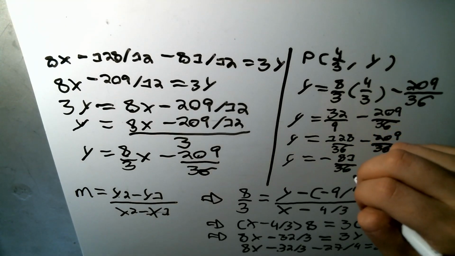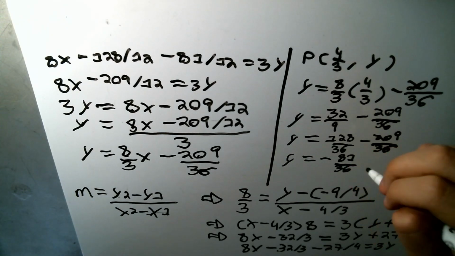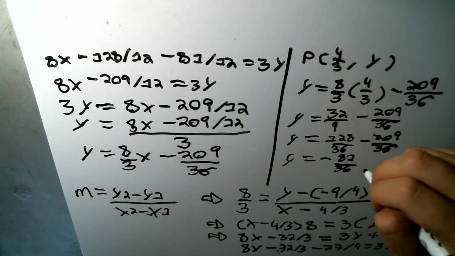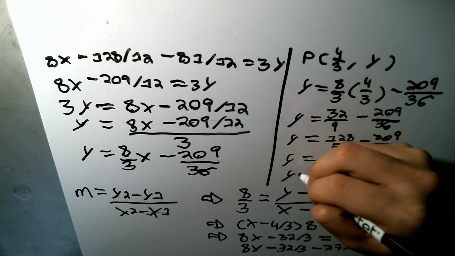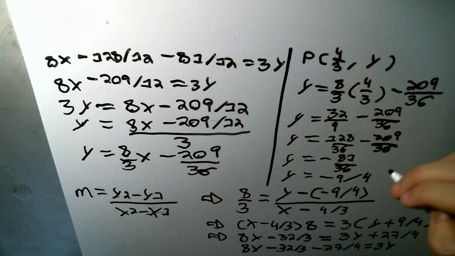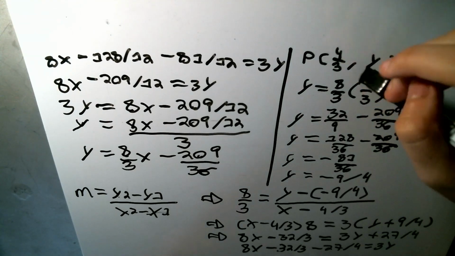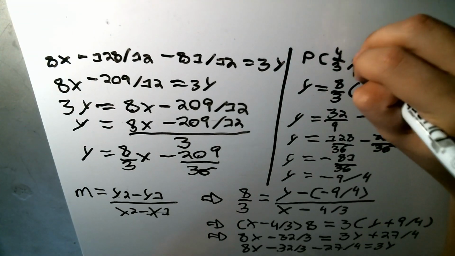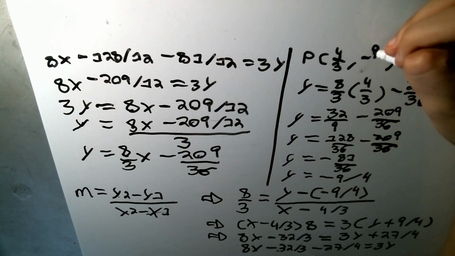Both can be divided by 9. 81 divided by 9 is 9, 36 divided by 9 is 4, so we get y equals minus 9 fourths, which is the value we used to get this equation. So the equation is correct.